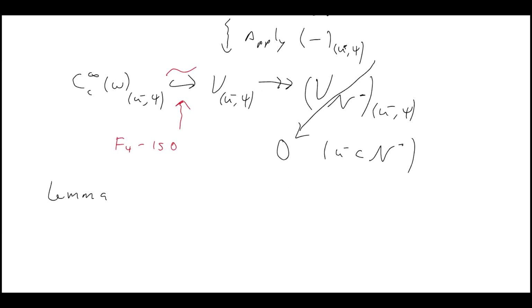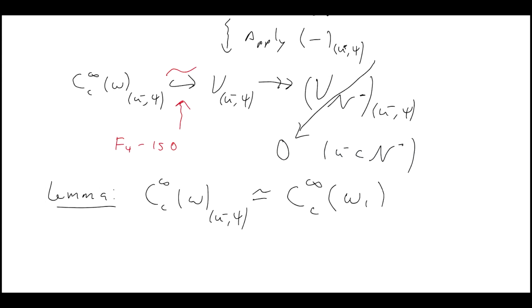We need to separate out a lemma. We need to understand the coinvariants of this space of functions. There's a standard strategy for handling this. Let me write out what the answer is going to be, give you a reference, and I'll make a few comments about this a little bit later. So if we take the coinvariants of this function space, this is going to be isomorphic to smooth, compactly supported functions on this set omega sub 1.